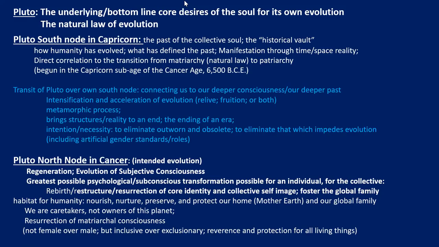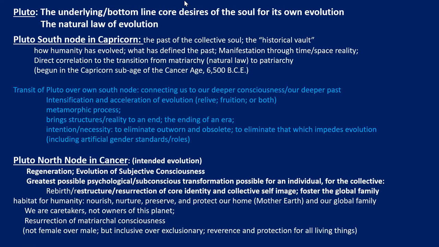This is manifestation through the time-space reality that we know, right? There's a direct correlation to the transition from the matriarchy to the patriarchy, matriarchy representing natural law. Capricorn and its polarity Cancer are cardinal archetypes. Cardinal archetypes are activation archetypes here.